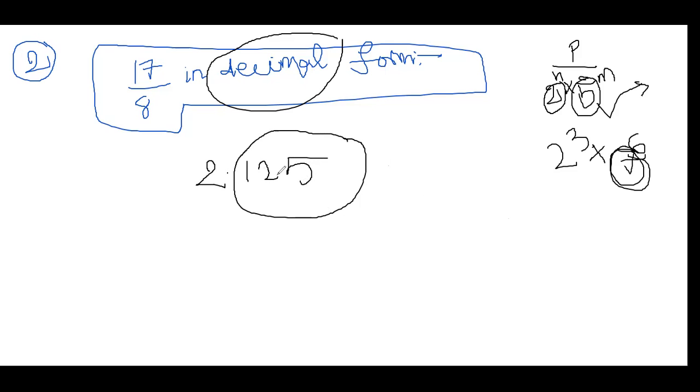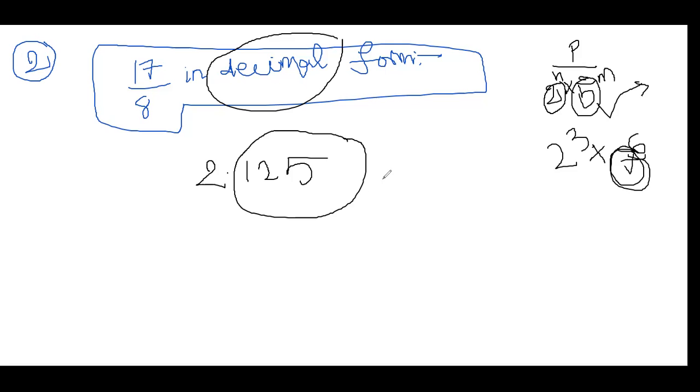So what to do here? Can you explain, Mohit Sai, how you did it? Sir, we divide 17 by 8. 8 twos are 16. 17 minus 16 is 1.